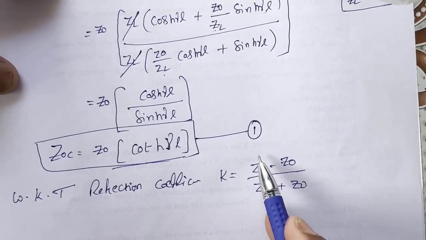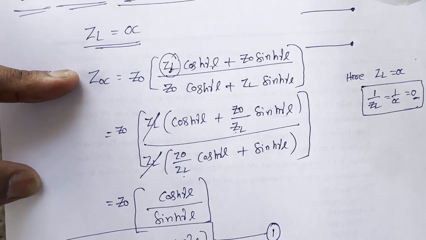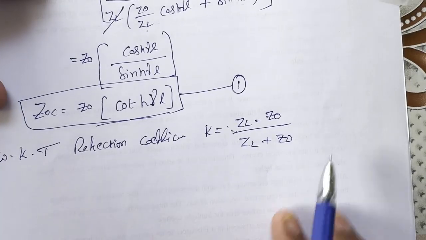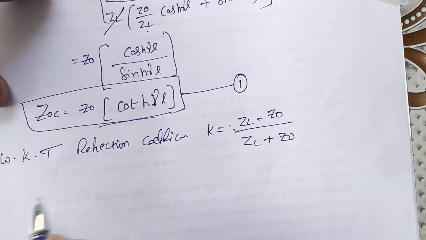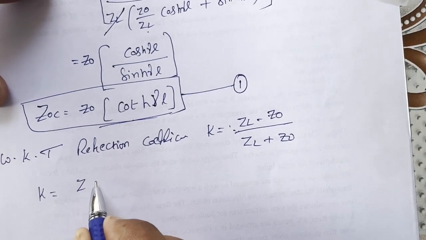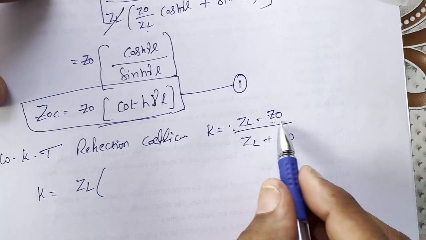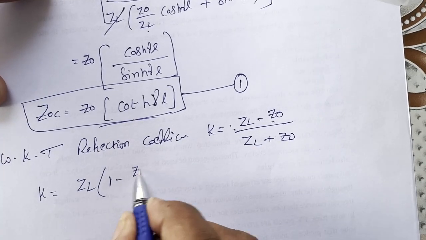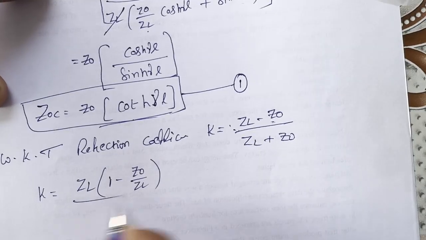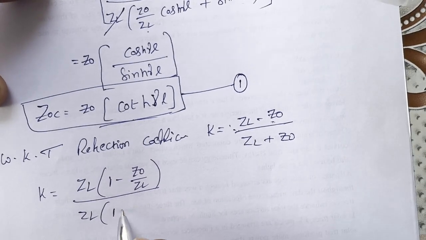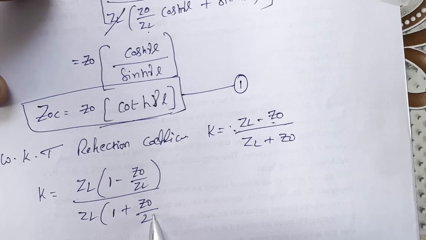Here also we are not able to substitute ZL equal to infinity directly, so I am taking ZL as a common term. Then K equals 1 minus Z0 by ZL, by 1 plus Z0 by ZL.